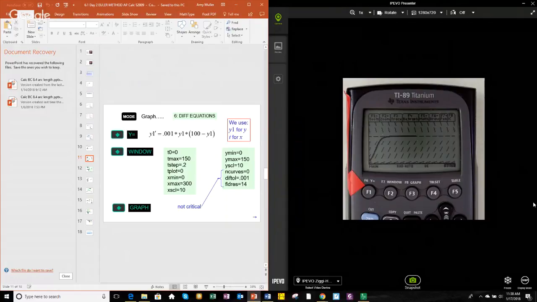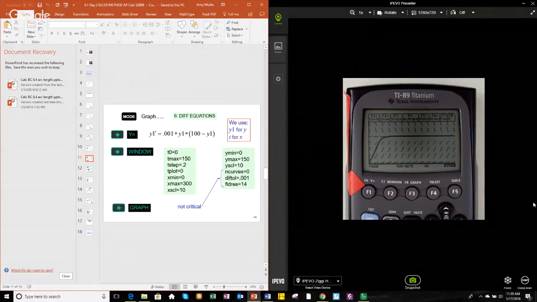But in order to graph a slope field on your calculator, just to refresh while this is working, you have to change your mode to differential equations mode. And then when you're typing in y equals, you have to remember that your function is going to be defined as y is a function of t. And then you can put your initial condition in your calculator, and your initial condition will be of the form t comma y sub 0, or y of t comma y, whatever they give you.